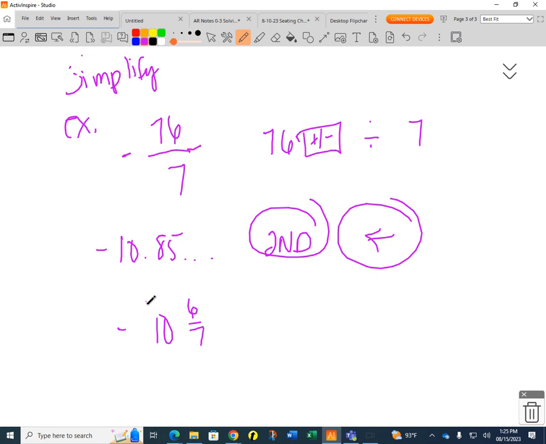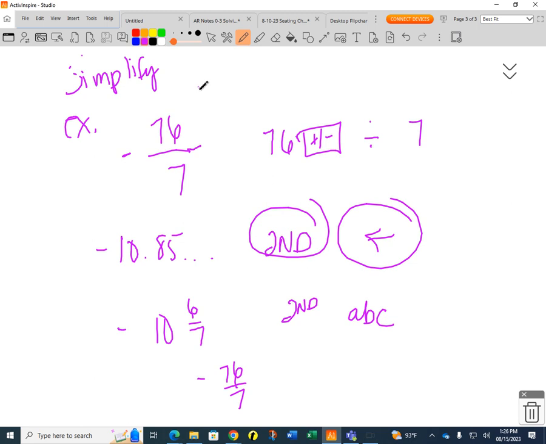Now, if we want to see if it's simplified, we're going to take this and do second ABC. What do you get, Aiden? Negative 76 over 7. So now we know that this was simplified to begin with. That is a simplified improper fraction.